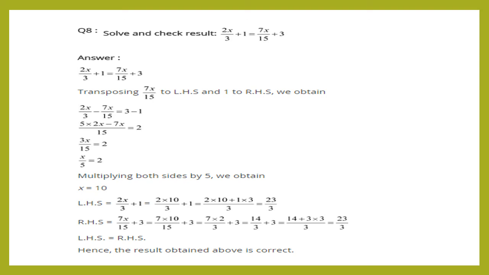See children, 2x by 3, if we transpose this plus 7x by 15 to the left hand side, it becomes minus 7x by 15 equals, write the 3 as it is, plus 3 as it is. If we transpose this plus 1 to this side, it becomes minus 1. 2x by 3 minus 7x by 15 equals 3 minus 1.